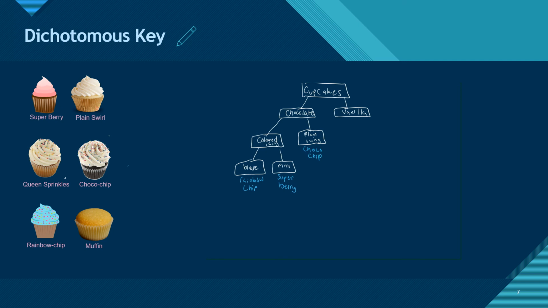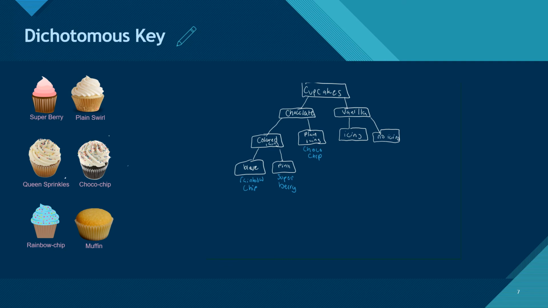Now we've classified all of the chocolate ones, so we can move on to the vanilla. Again, with the vanilla, I see that 2 of them have icing and 1 of them doesn't. That seems like the easiest way to go. So I'm going to make 1 with icing and 1 with no icing.